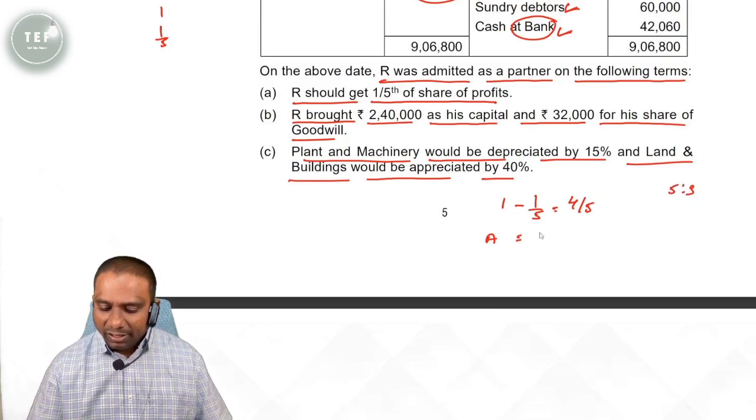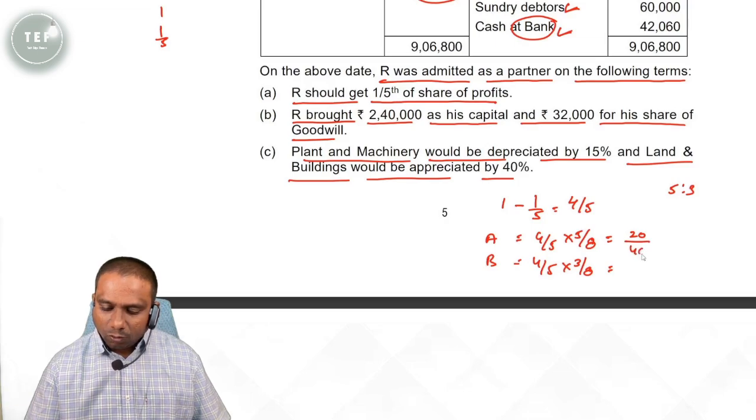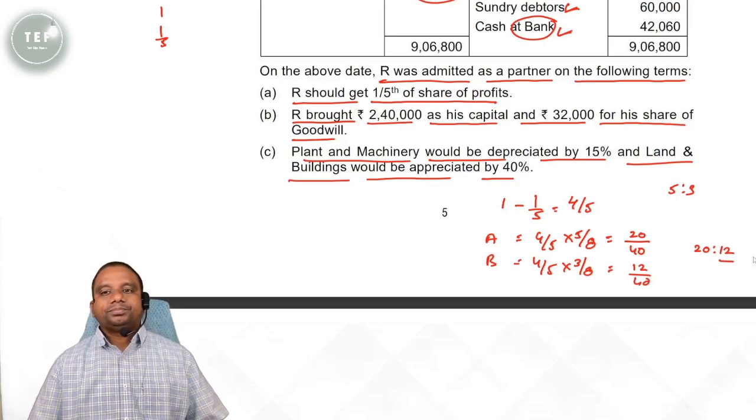Out of 4 by 5, P will get 5 by 8, and Q will get 3 by 8. You get 20 by 40 and 12 by 40. 20 is to 12.